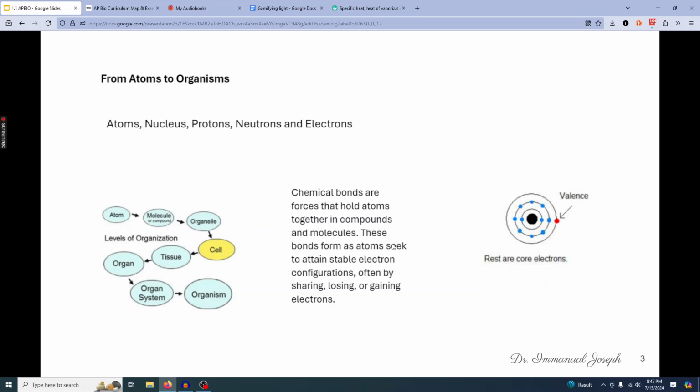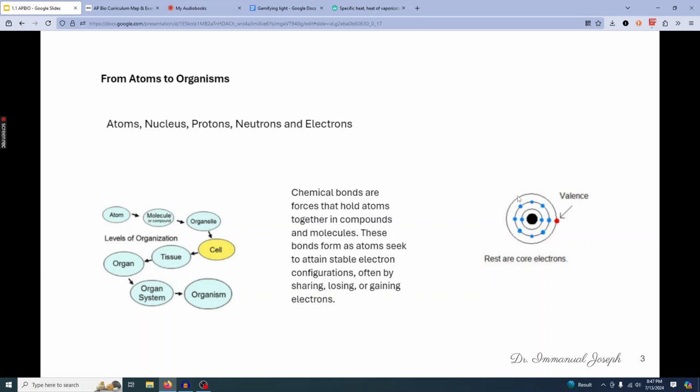So there is a hierarchical arrangement of material in biology. Atoms, as you know, are made of protons, electrons, and neutrons. And as you know, the center of an atom is the nucleus, which contains the protons and the neutrons packed together. Protons are positively charged, neutrons are neutral, which is no charge.